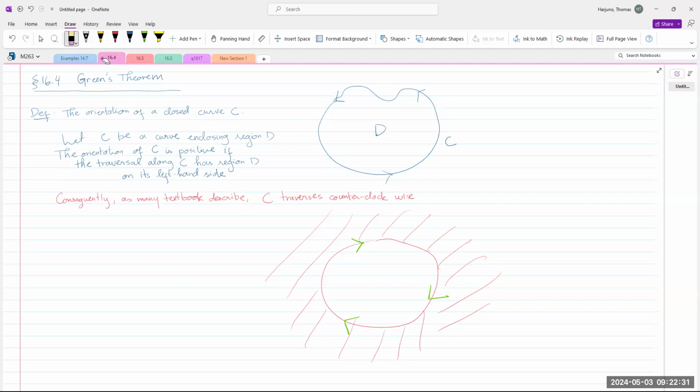Now let's go on further. Once we define the orientation of a curve, then we can go on with Green's theorem. Green's theorem says the following.